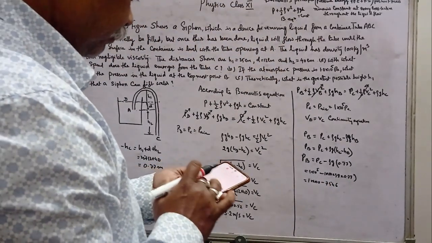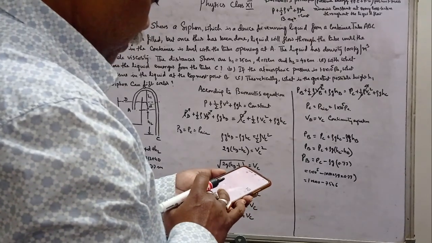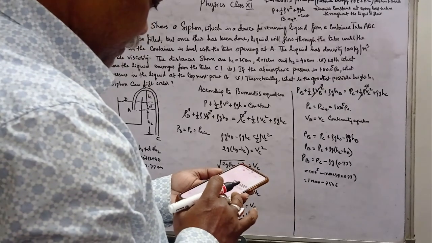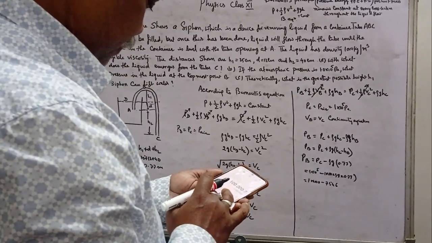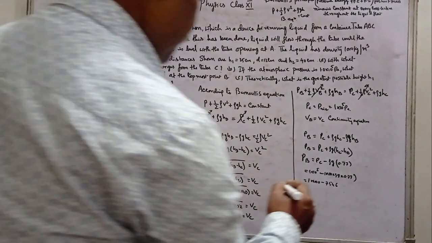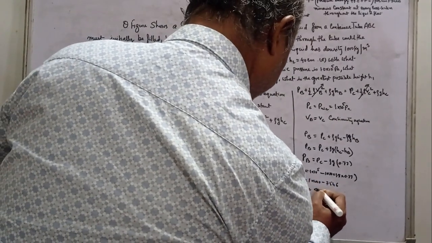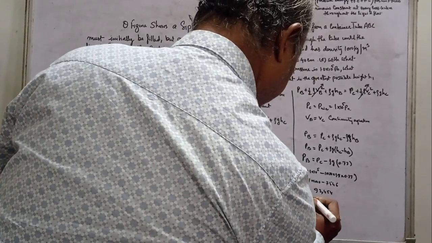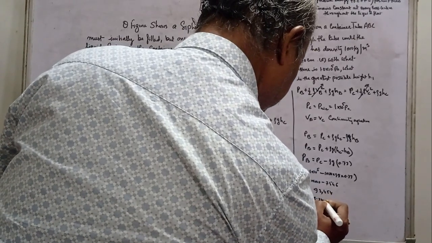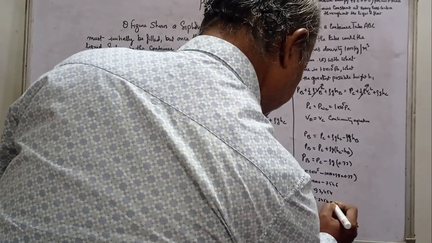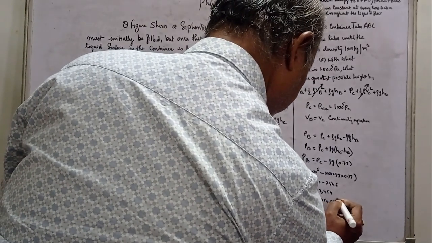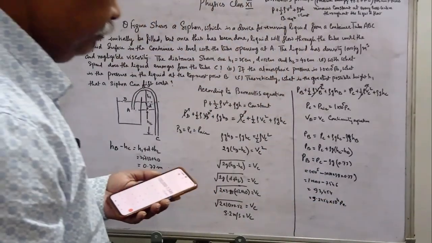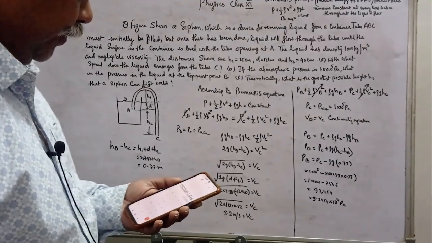So when you subtract it, 100000 minus 7546, it comes out to 92454. That means 9.2454 into 10 to the power of 4 Pascal. This is your answer.